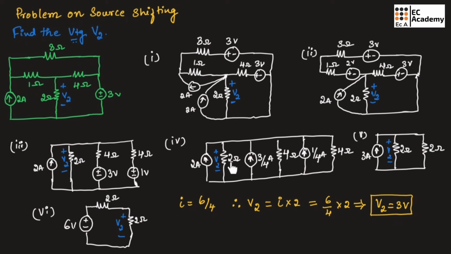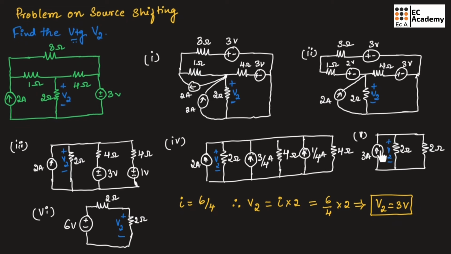Now these three current sources will add. So 2 ampere plus 3 by 4 ampere plus 1 by 4 ampere, so it will be 3 amperes. These two resistors, 4 ohm and 4 ohm connected in parallel, if we solve this, we'll get 2 ohm resistor, and this resistor we will keep as it is because we need to find the voltage across this resistor.